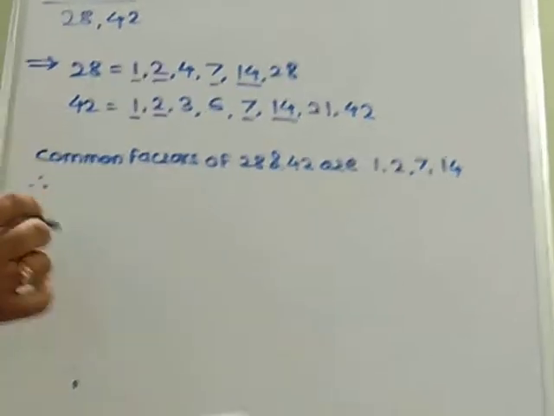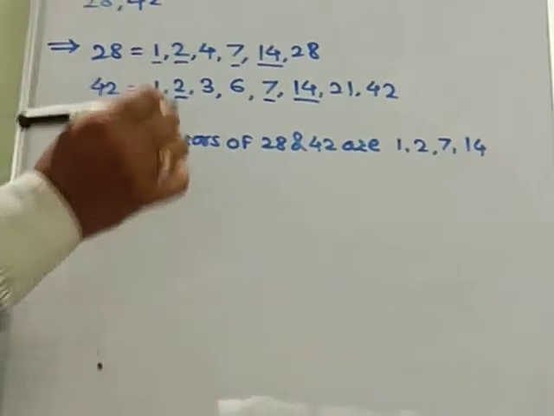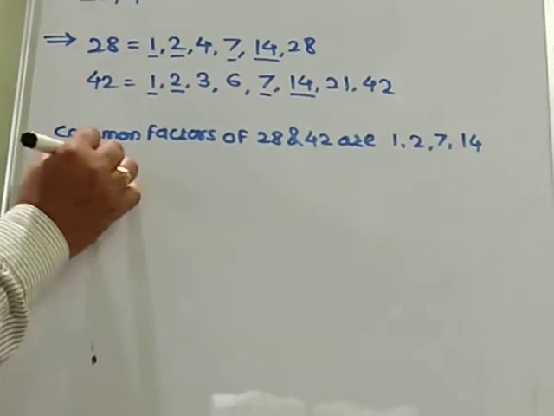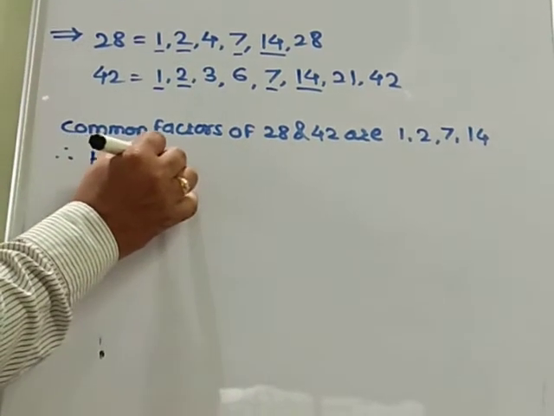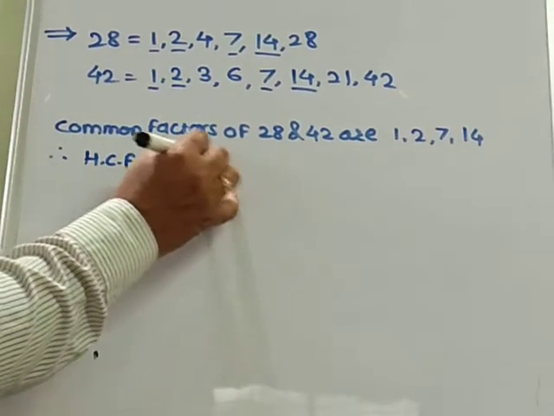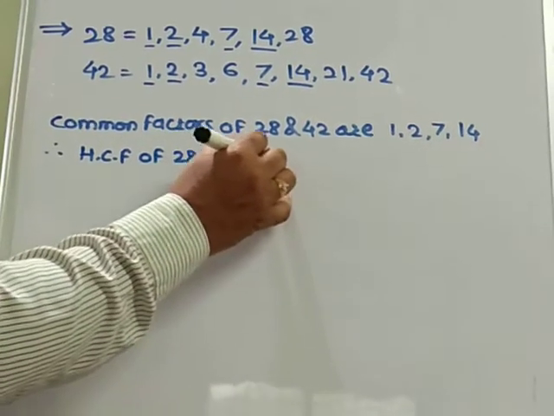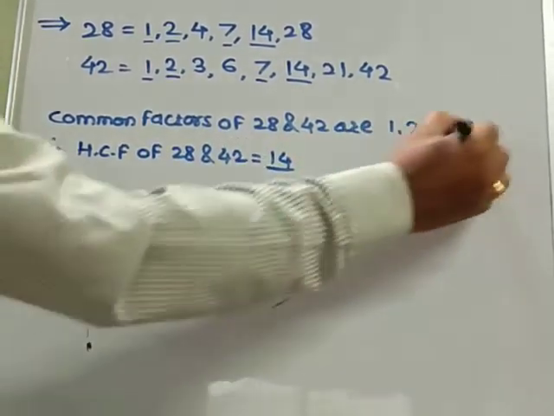Therefore, the HCF, highest common factor, of 28 and 42 is equal to 14, which is the highest.